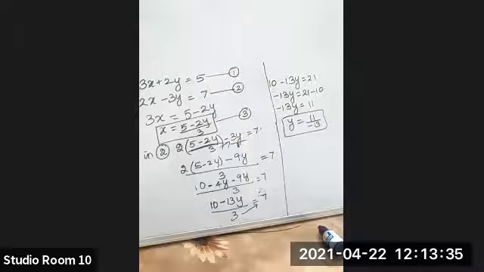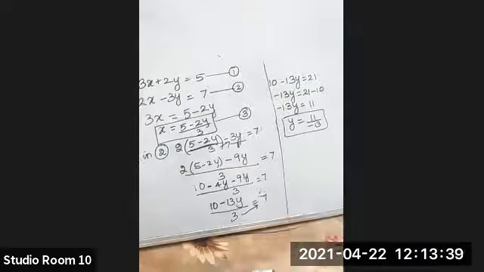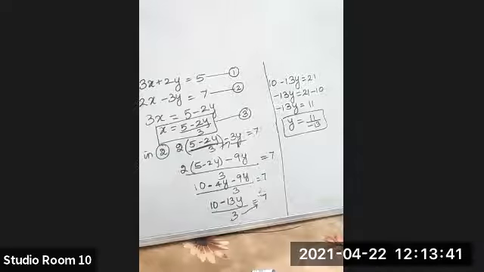Now listen, children. When we substitute, you can substitute in the first equation, second equation, or third equation. You can substitute in any of the equations. But this is how, when we do the calculations, we improve our time and are able to do it within minimum time.